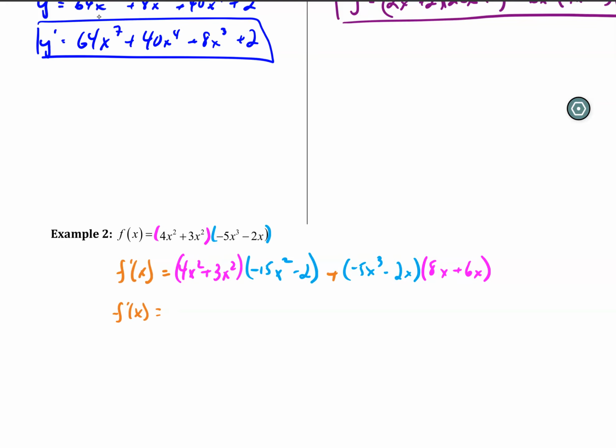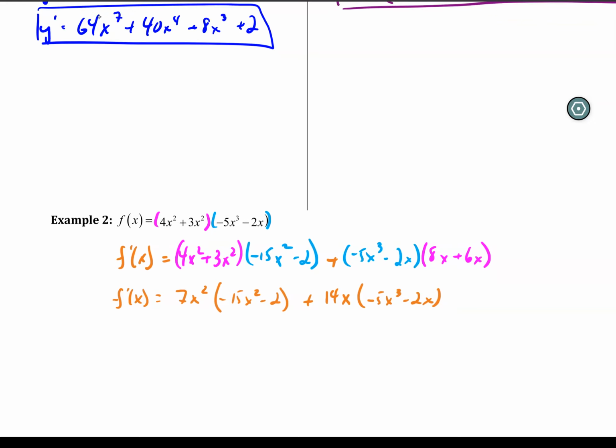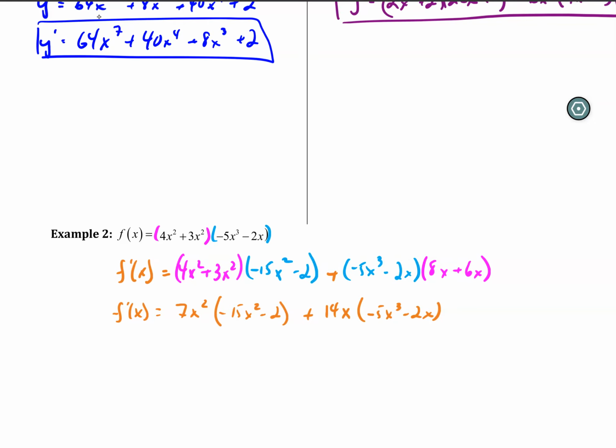So now I can say that's just 7x squared times negative 15x squared minus 2, plus, same thing here, I can combine that and say that's 14x times negative 5x to the third minus 2x. Because it's single terms and monomials in the front, I would personally distribute this to make it a bit simpler, but you could technically leave it in that format.